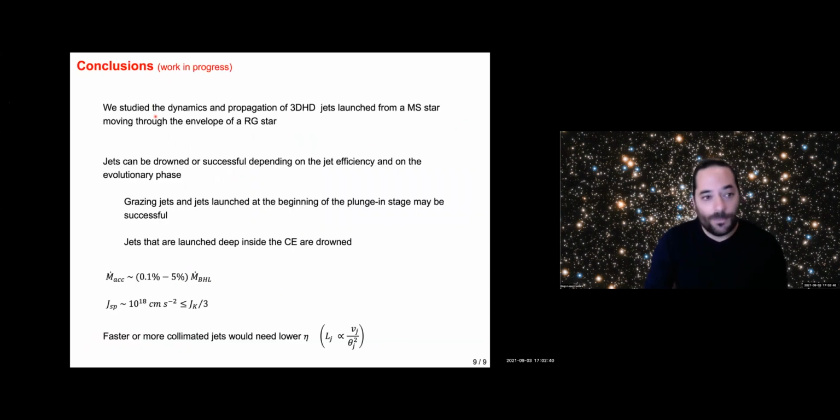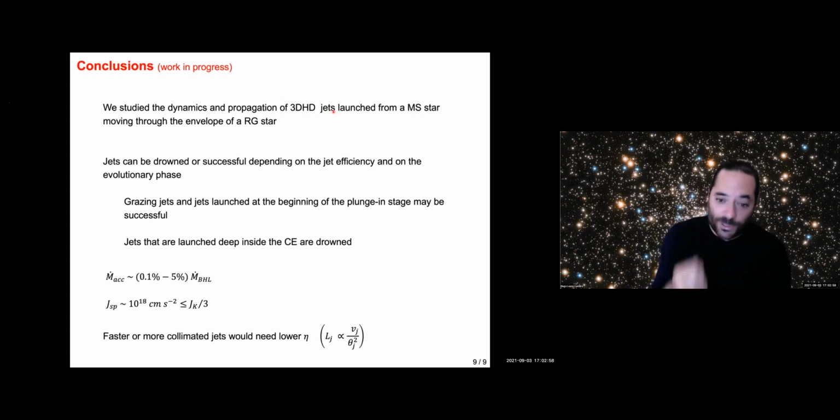And so we conclude that we follow the journey of this main sequence star through the envelope of the red giant, in a descent spiral, through 3D hydrodynamical simulations in which the jets are launched at these 3 specific times.